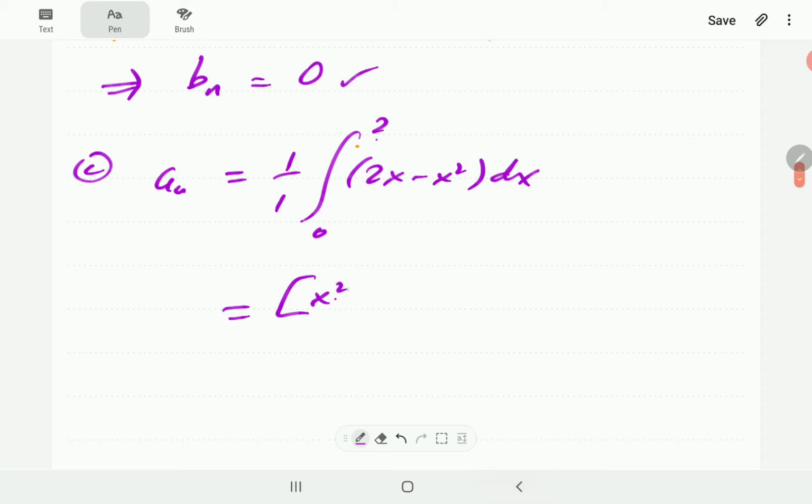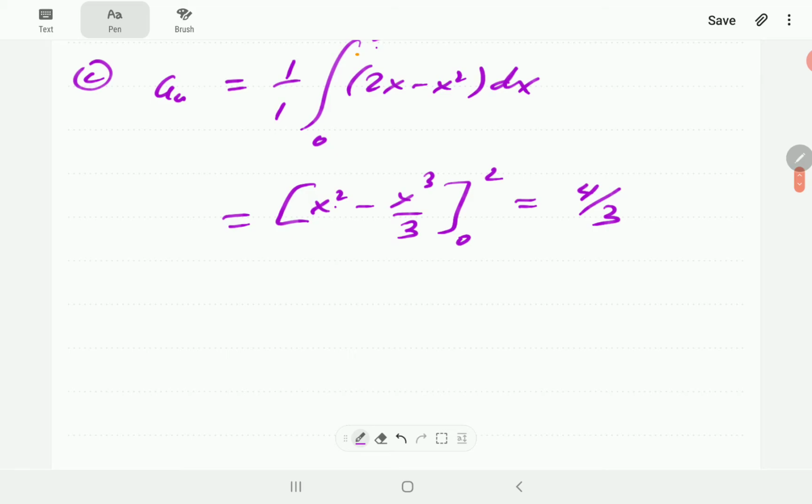Integrating this is going to give us x squared minus x cubed over 3 from 0 to 2. Plugging in and working this out is going to give us 4/3. So that was a naught.